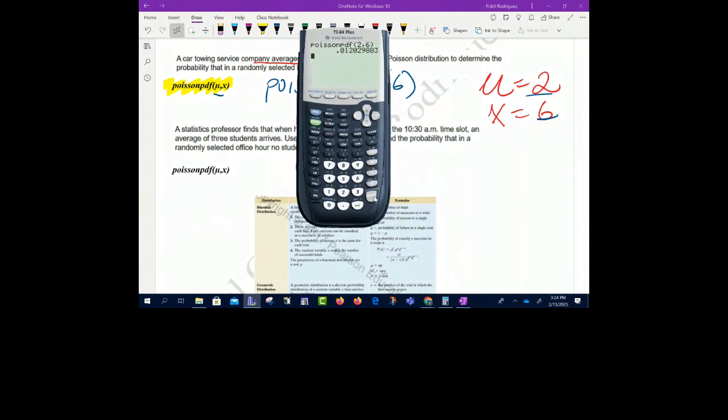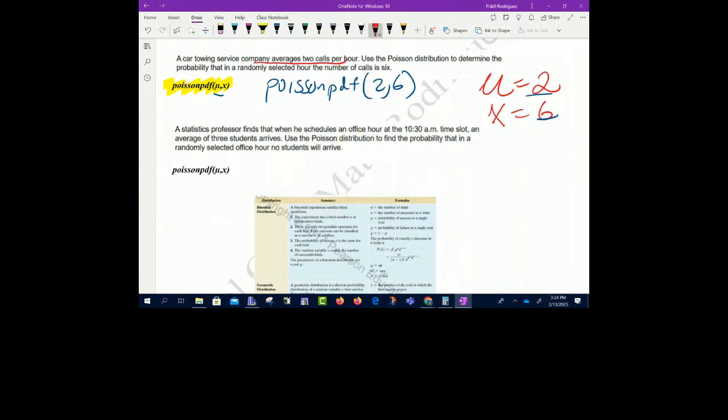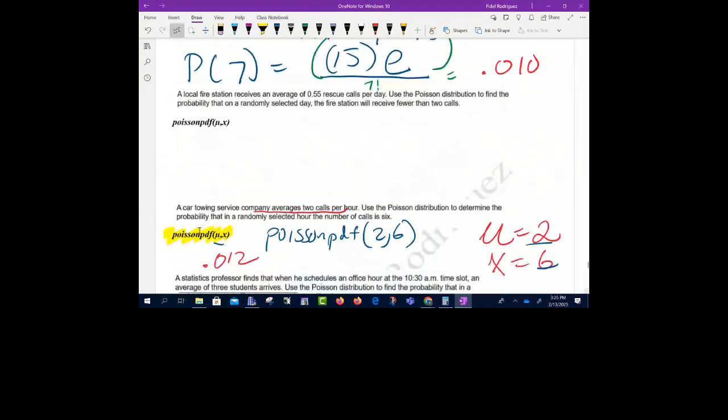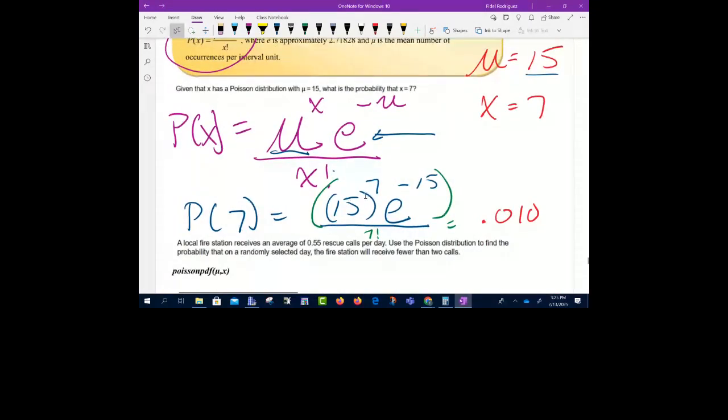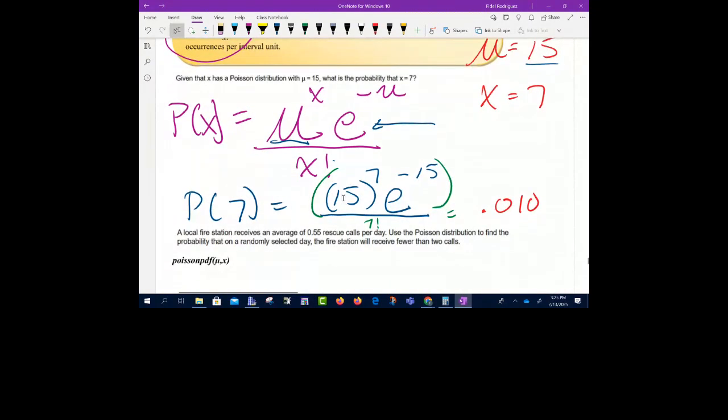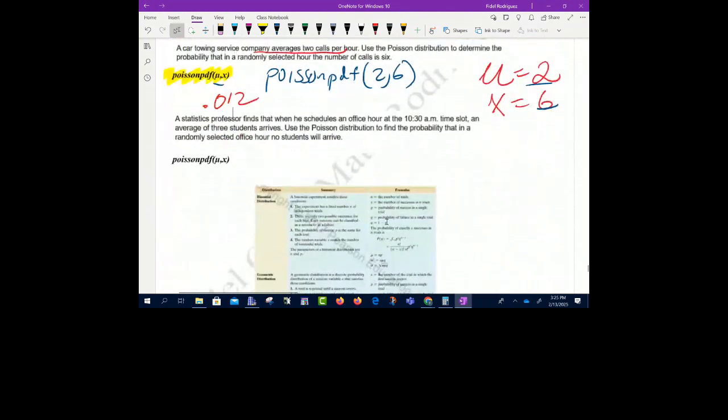I hit enter, and my probability is 0.012. That's all I have to do to find my Poisson distribution. It's pretty simple to do, y'all. These little features on the calculator are really nice, because otherwise I would have to use this formula: my average, 2 to the 6th, e to the negative 2, divided by 6 factorial. I'd have to go through that process every time, okay?